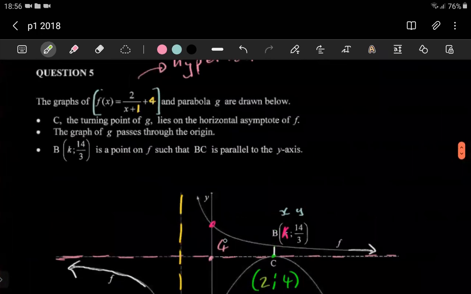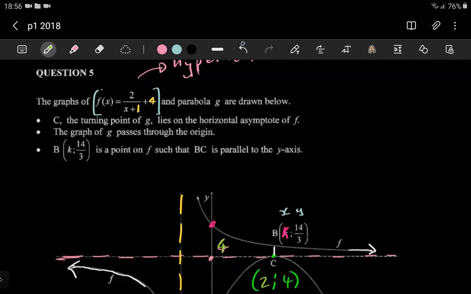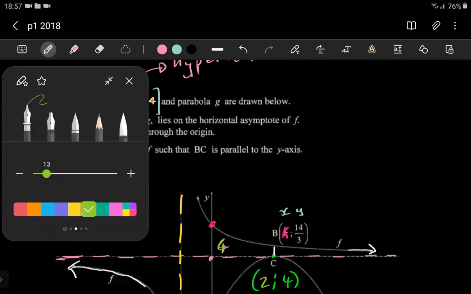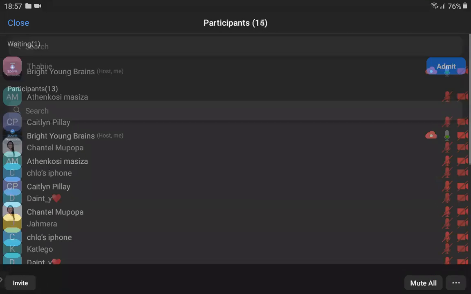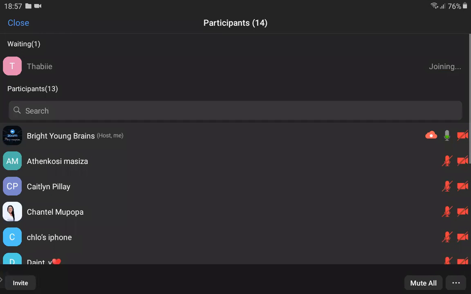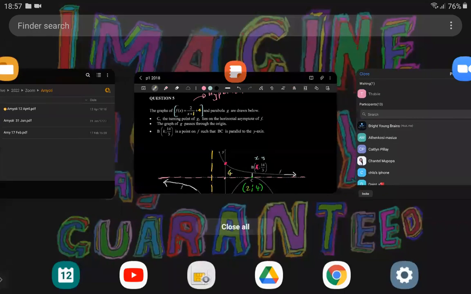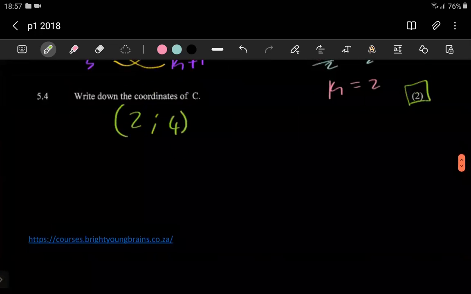Now, all this is good enough to get all your marks all the time. The only thing is, most of the time we think, I need to do some calculation to get my marks. And that is not true. If you can just get the answer by seeing it, and it's 2 marks or 1 mark, just write the answer. Don't worry about working out anything, so that you don't spend time stressing about what to write down when the answer is right in your face. So yeah, that's going to be 2 marks.